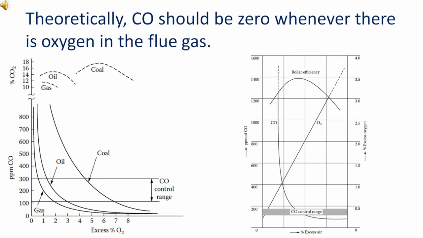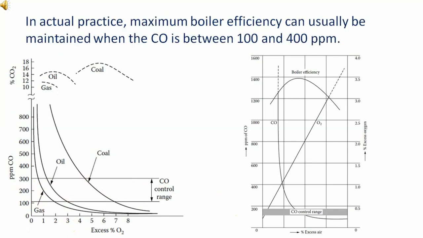Theoretically, carbon monoxide should be zero whenever there is oxygen in the flue gas. In actual practice, maximum boiler efficiency can usually be maintained when the carbon monoxide is between 100 and 400 parts per million.